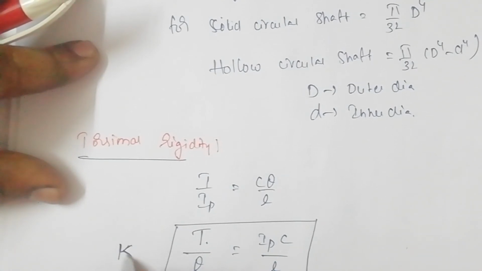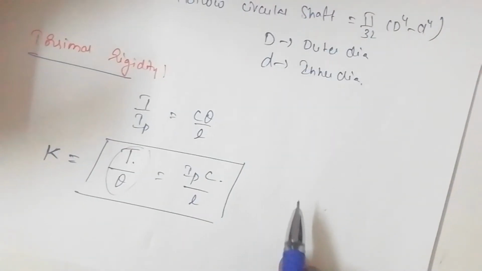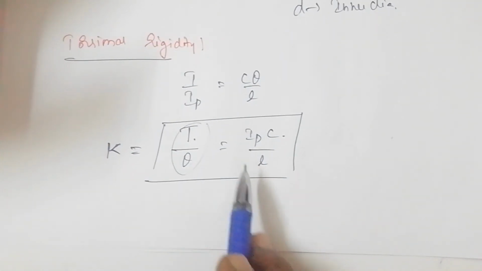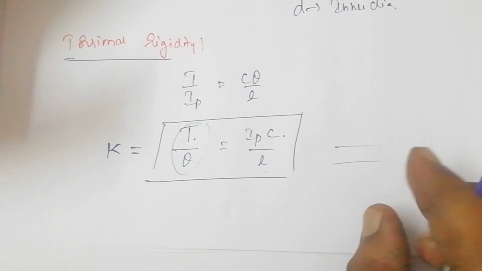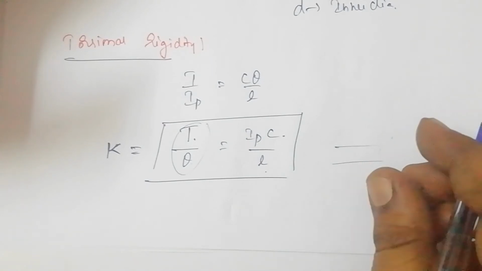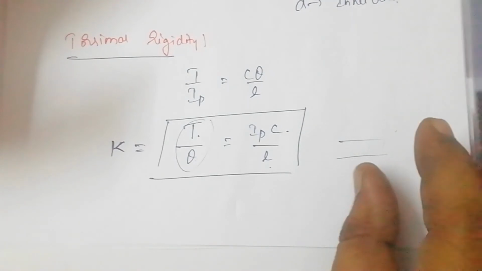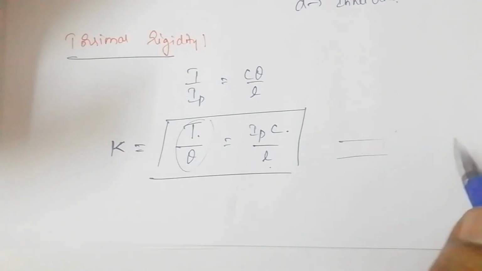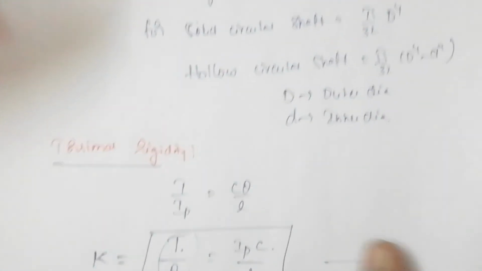This is generally indicated as K. It depends upon modulus of rigidity, polar moment of inertia, and length of the shaft. If length is more, a small torque will rotate it by a larger angle. If length is small, you require more torque to rotate it by 1 degree. So the torque is inversely proportional to length.